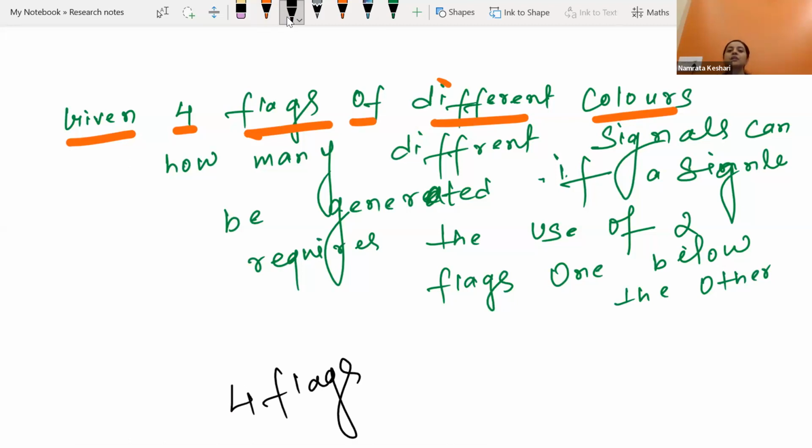How many different signals can be generated if a signal requires the use of flags, basically four colors you are having. Now with the help of these four colors, how many different signals can be generated if a signal requires two flags, one below another.